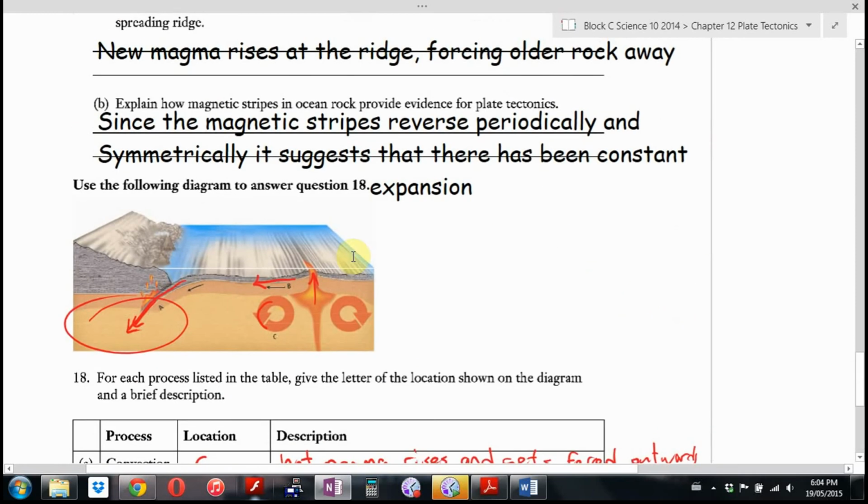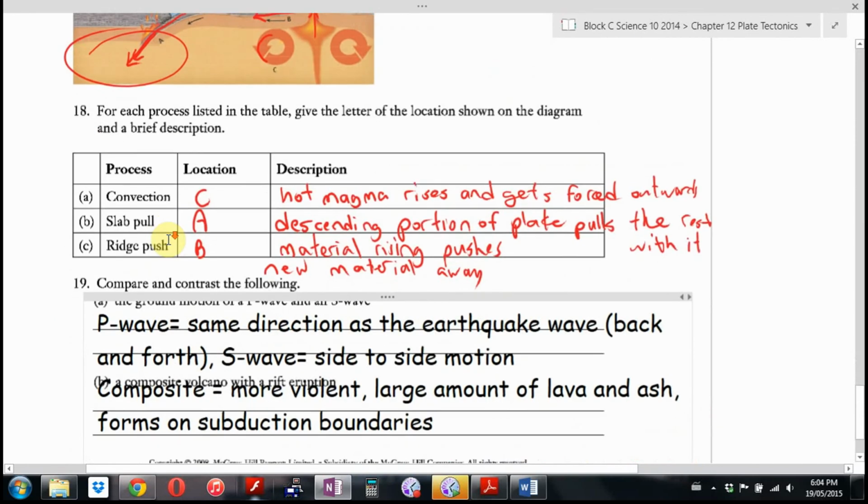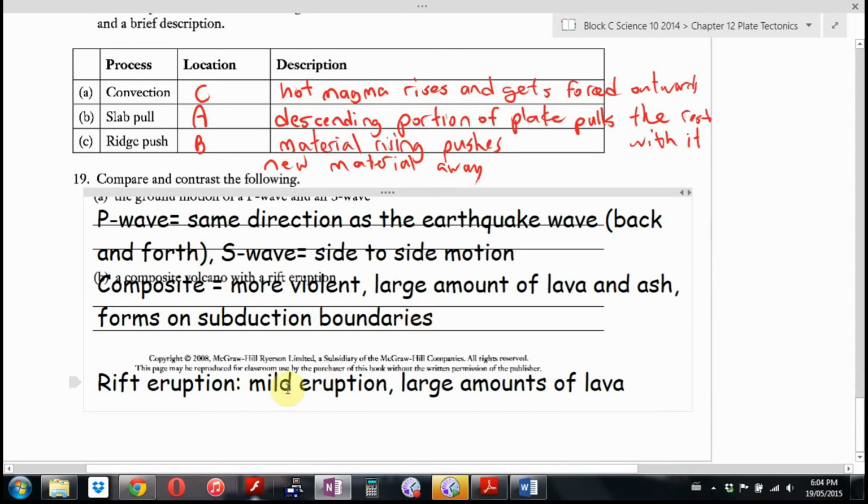Forms right here, because right here the earth is cracking and allowing magma to come squeaking through, forming volcanoes. And when the pressure builds, it can really explode. Rift eruptions, those form either at ridges in the ocean or on rifts in the land.